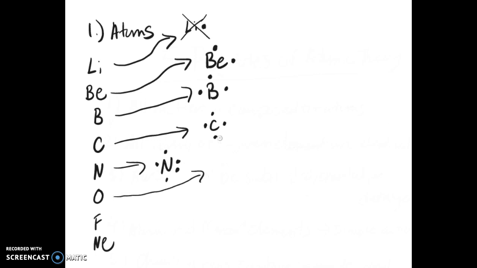Now oxygen has 6 valence electrons, which means it has 2 pairs, 2 singular. Fluorine is a halogen, which means it has 7, which means it has 3 pairs, 1 lone electron. And neon, being a noble gas, has a full valence shell.